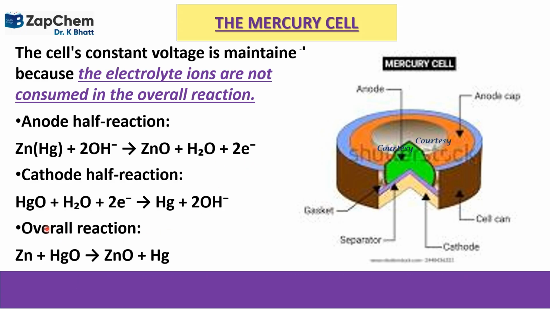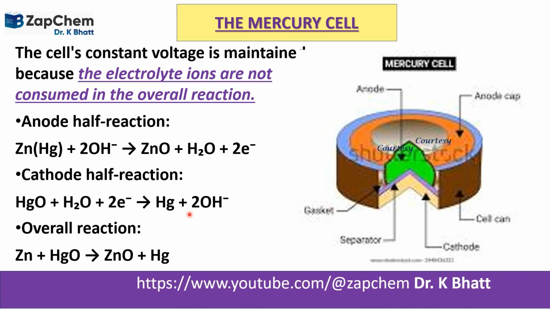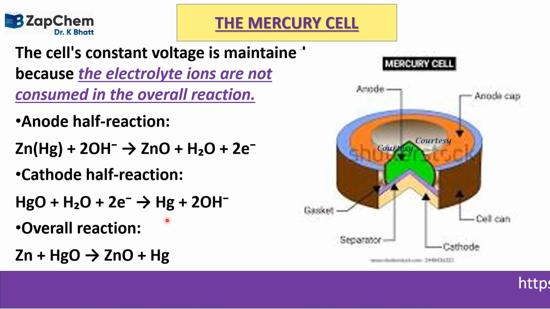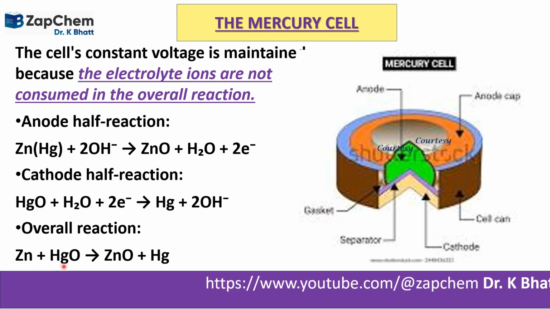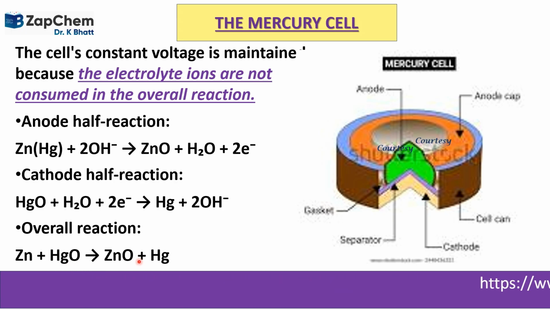Now this reacts with mercuric oxide, which is placed here, along with the moisture, and mercury is obtained again. So if these two are added together, the overall reaction is that zinc and HgO form zinc oxide and mercury.